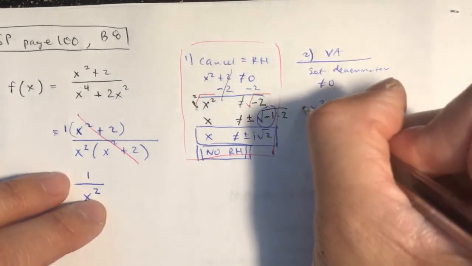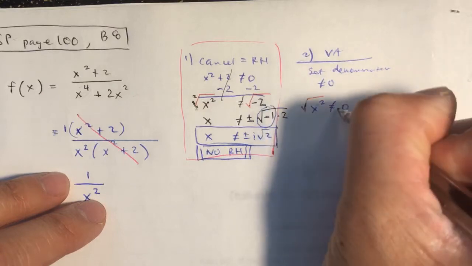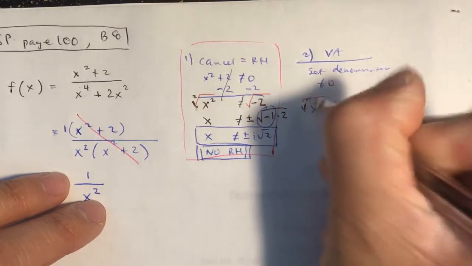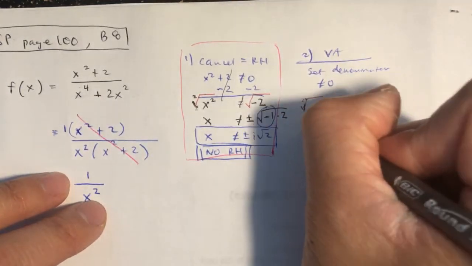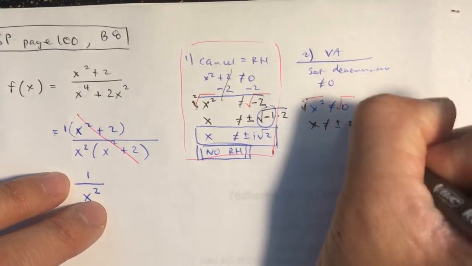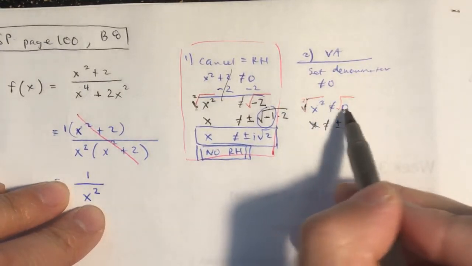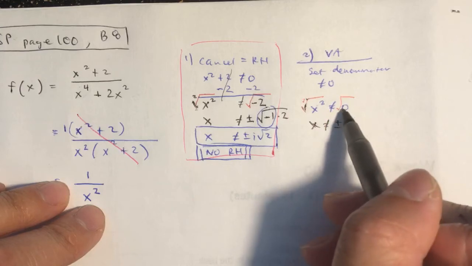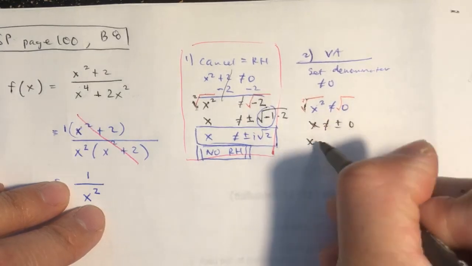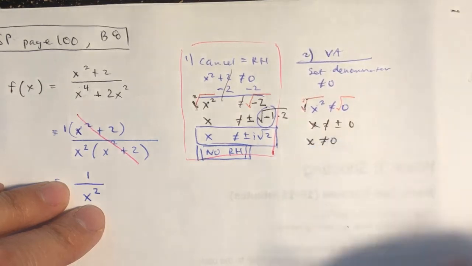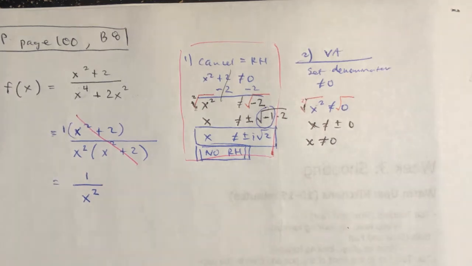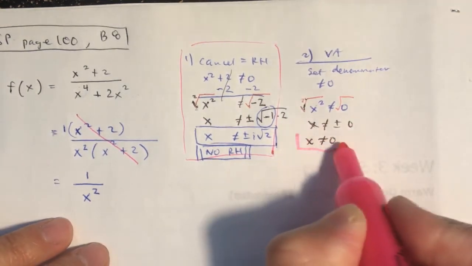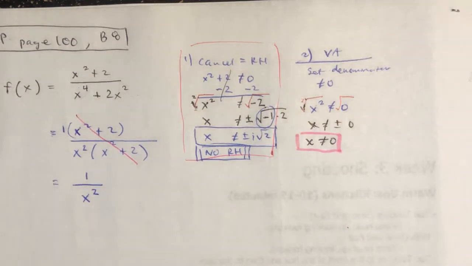To get rid of the exponent, you do its opposite, so you get x. We would not say positive or negative 0. Two identical numbers that multiplied equal 0, that's 0. So I have x is not equal to 0. So that's how you would find your vertical asymptote.